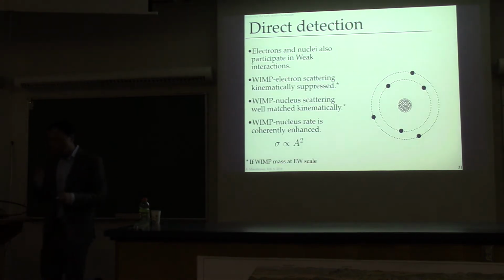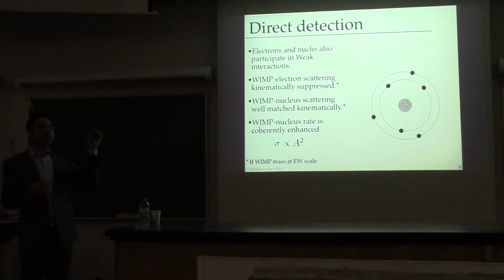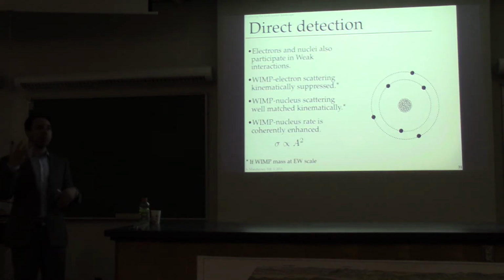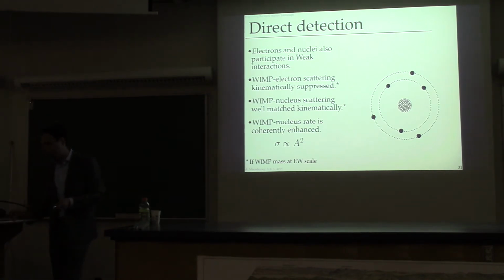Okay, so we want something that is related to weak physics, that annihilates with a weak cross-section, to interact with a standard model particle, which means protons or neutrons. Well, protons and neutrons and electrons all participate in weak interactions. So I could get a WIMP to scatter with an atomic electron.